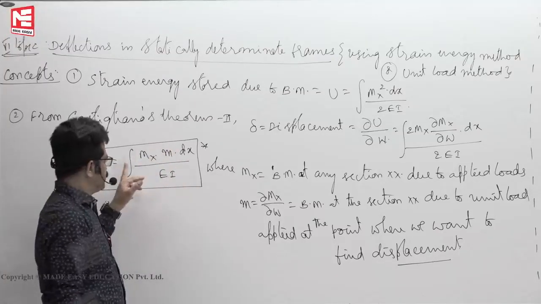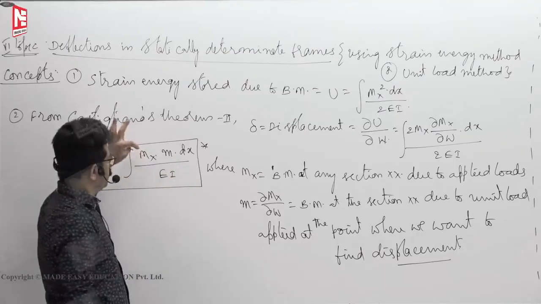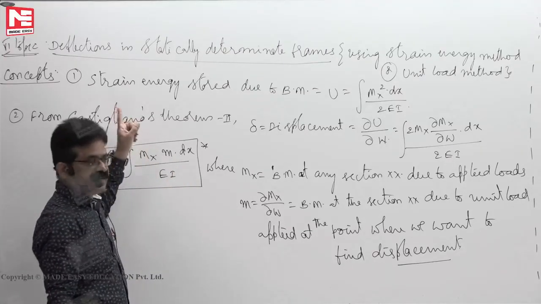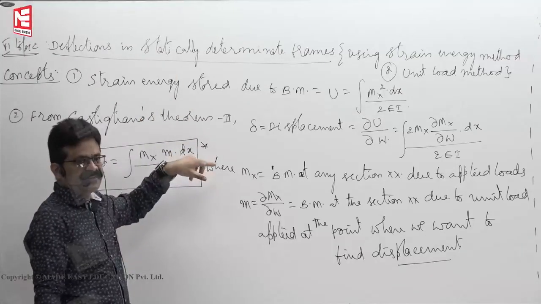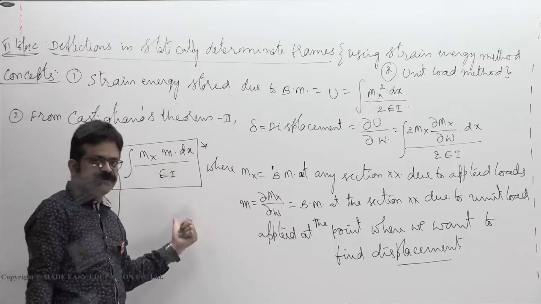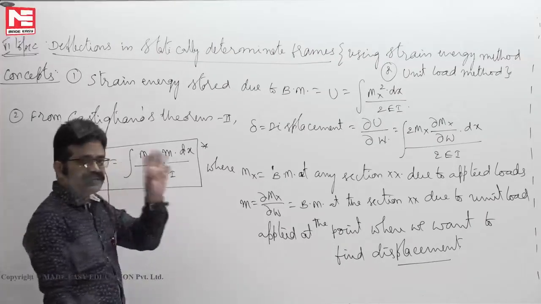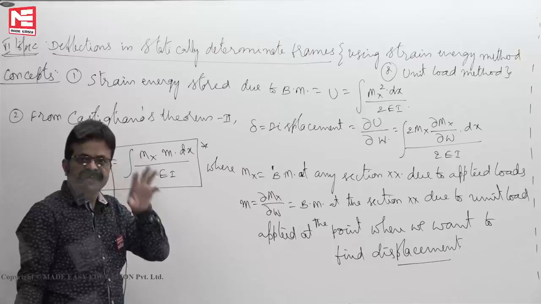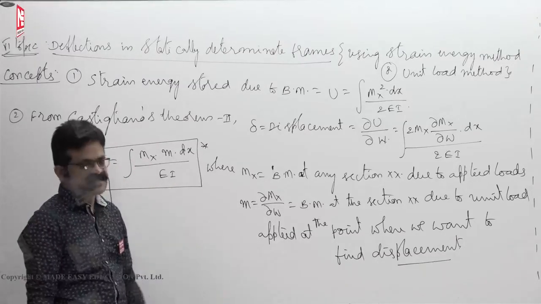Now here integration is there, integration of dx is nothing but L. So Mx is similar to P, m is similar to K, integral of dx is similar to L. EI due to bending, AE due to axial force. Okay, that way you can remember things easily.